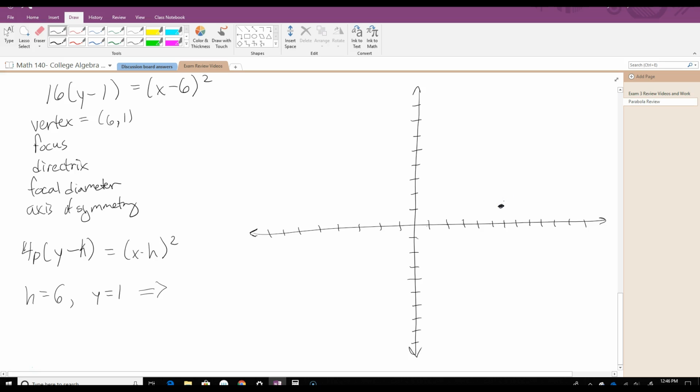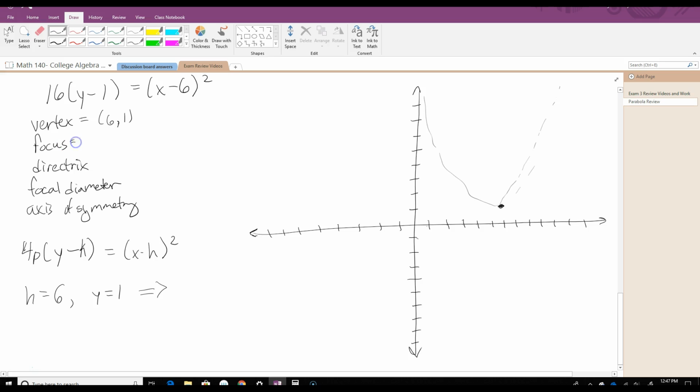Okay. Now the next thing that I need to know is that the focus is p distance away from my vertex. One thing to note is this one's going to be an up-down parabola, so it's going to be facing upward.